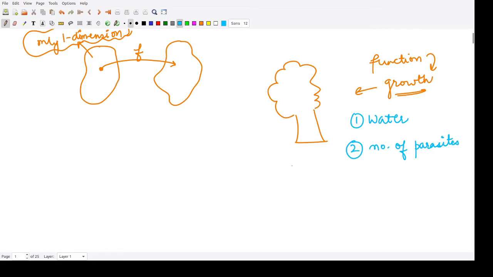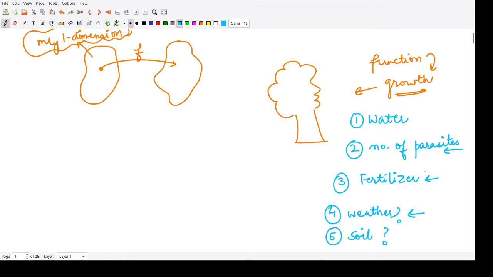Another thing is how much fertilizer or pesticide has been used to grow this particular plant, or what are the weather conditions involved in its growth. How is the soil of that particular area? So these are some of the factors that could be taken into account in order to study the growth of this particular tree, right?